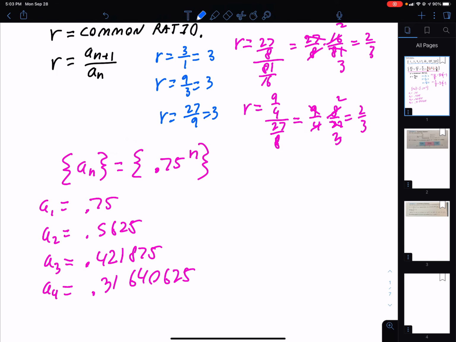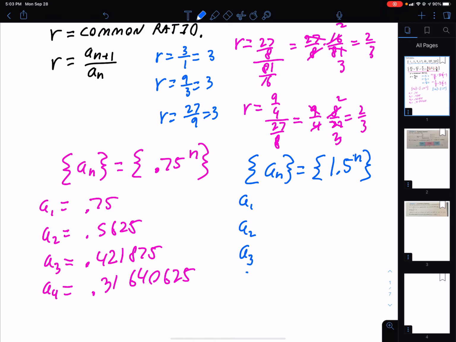Let me go ahead and do another one. Actually, you can try this if you wish. My a sub n formula will be 1.5 to the n power. So we'll find a sub 1, a sub 2, a sub 3, a sub 4.